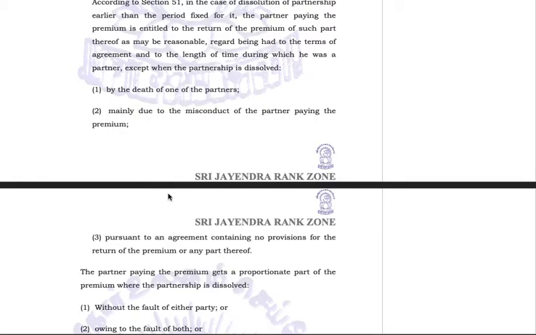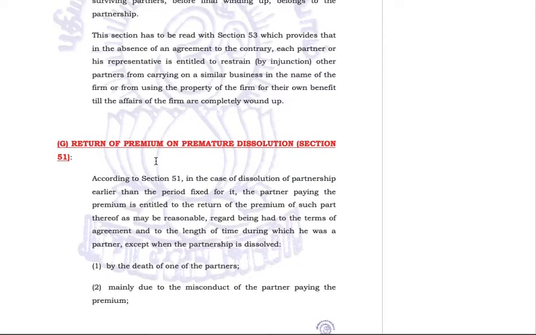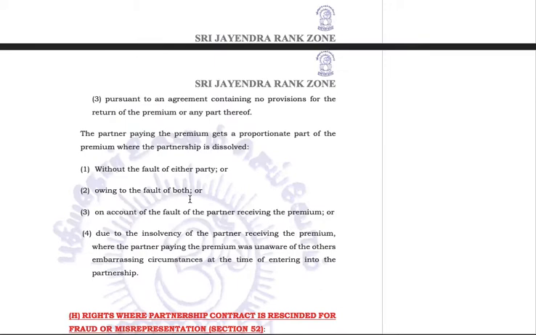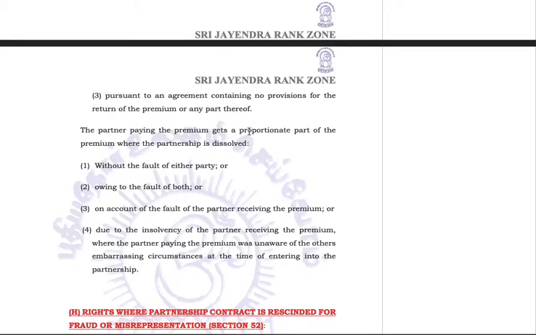So in these cases, the partnership will be dissolved and the premium has to be paid. The partner paying the premium gets a proportionate part of the premium where the partnership is dissolved without the fault of either party. When without the fault of either party the partnership is dissolved, then he will get a proportionate payment.